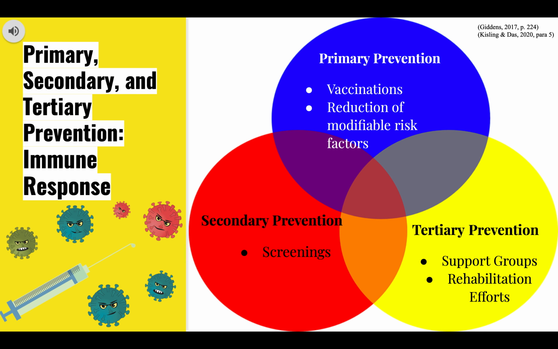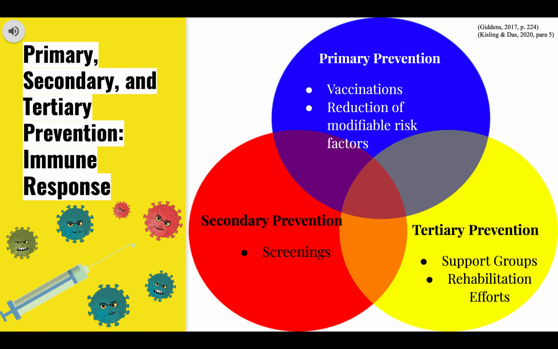There's also a catch-up schedule for those who have missed vaccines in the past. You can find this information on the CDC website, or you can Google CDC vaccination schedules, and it should pull it right up.